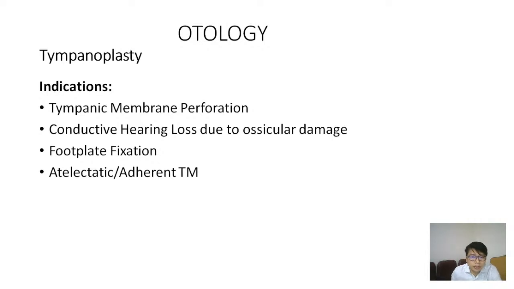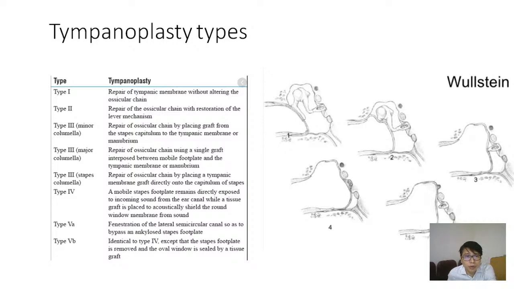The indications are tympanic membrane perforation, conductive hearing loss, footplate fixation, and atelectatic or adherent TM, which we call adhesive otitis media. According to where we place the graft, we divide tympanoplasty into different types.